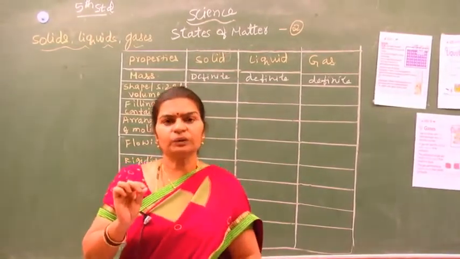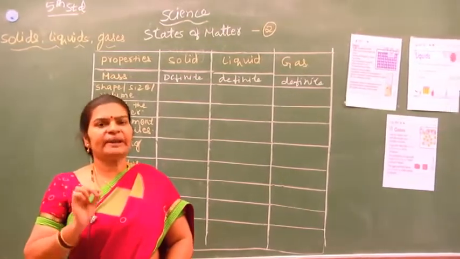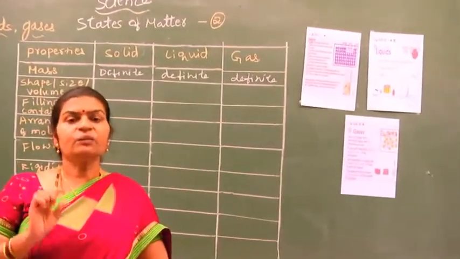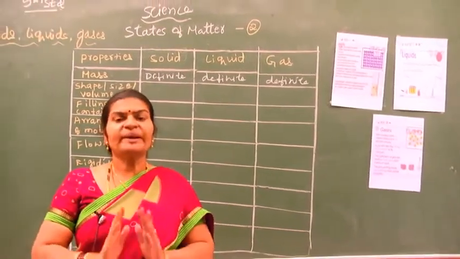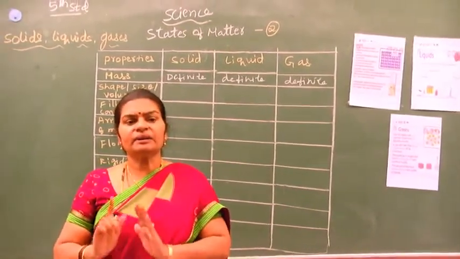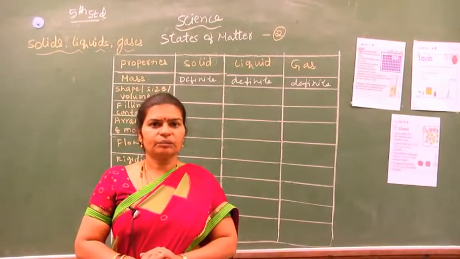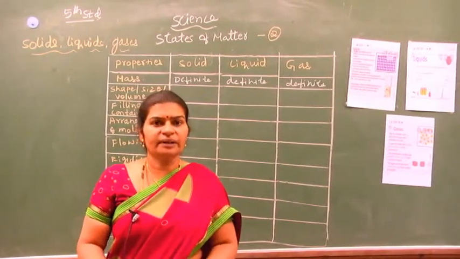So when I say the name of any solid, you will have a picture of its shape. But when I say 1 liter of water, what are you going to see?